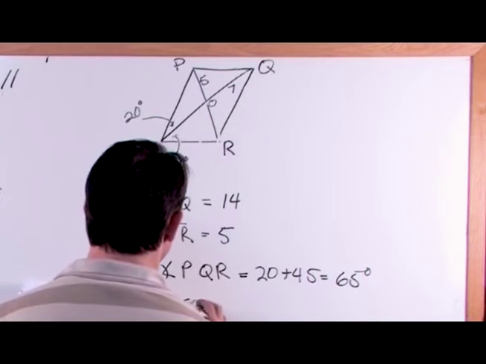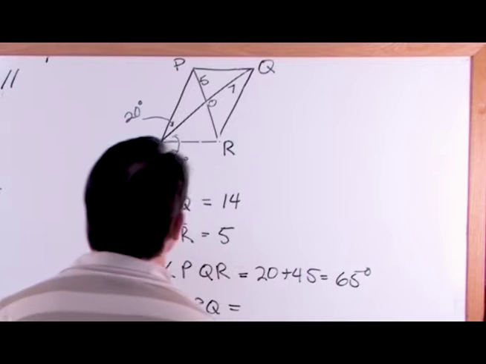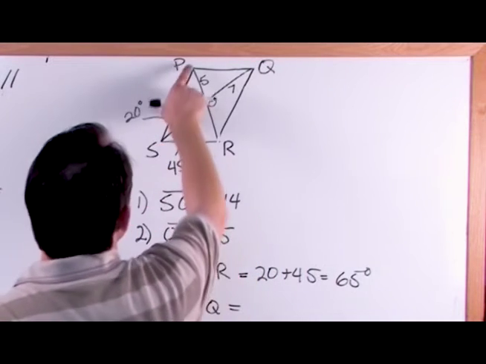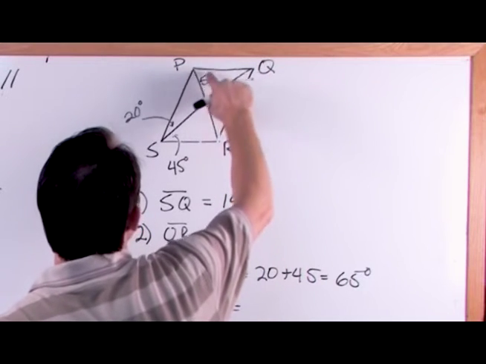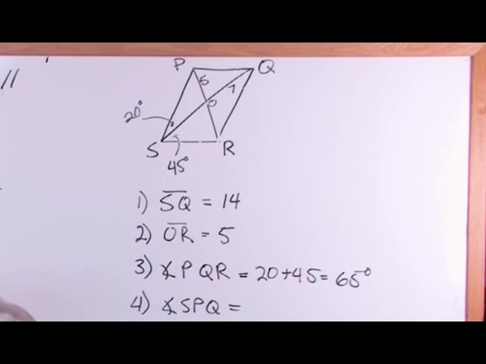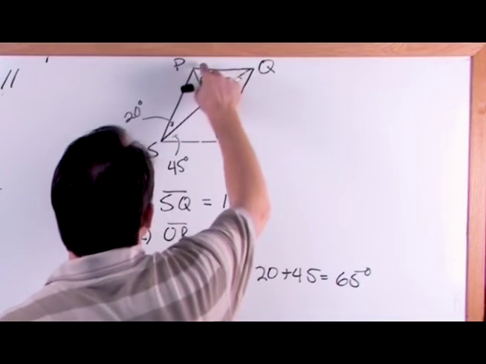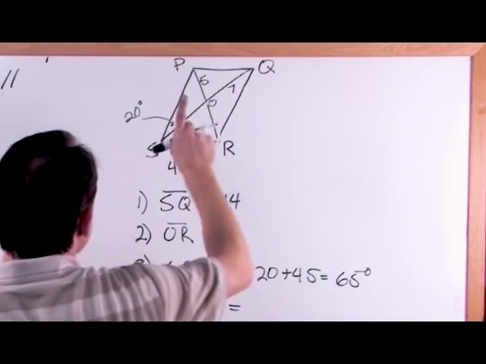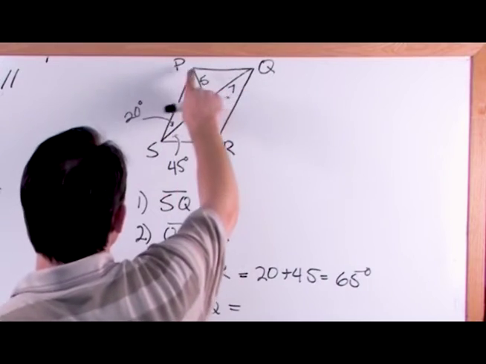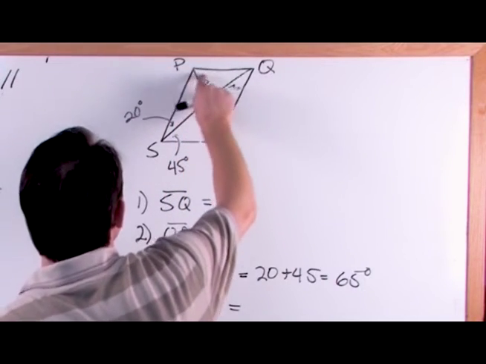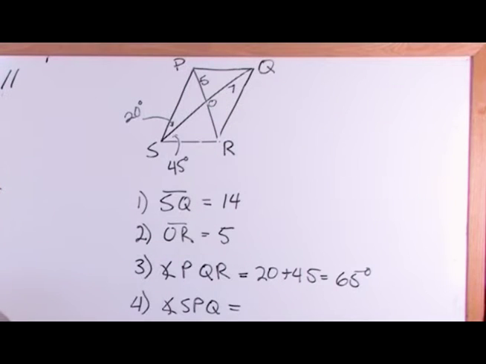SPQ. What if I want to find SPQ, this angle right here? How would I find that angle right there? Well, if I'm interested in this angle right here, remember this giant angle here is supplementary with this angle here because these are consecutive. So this angle must add to 180 degrees with this angle, right?